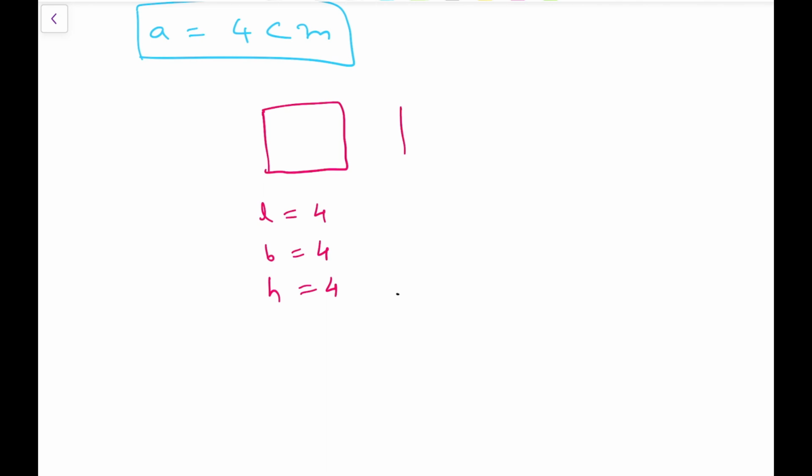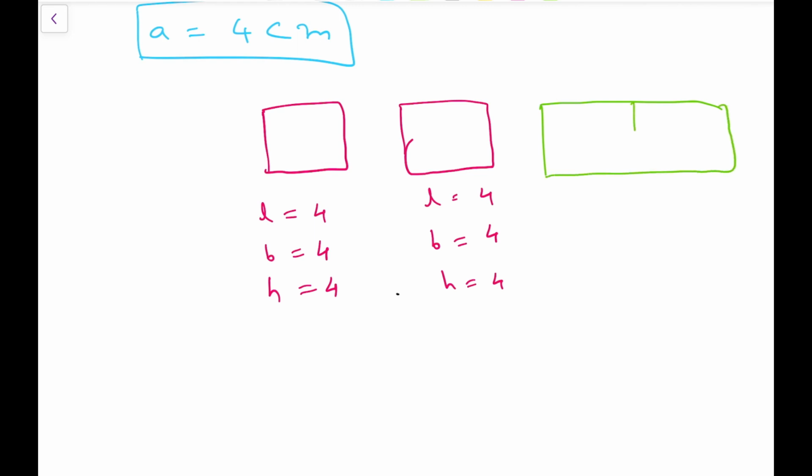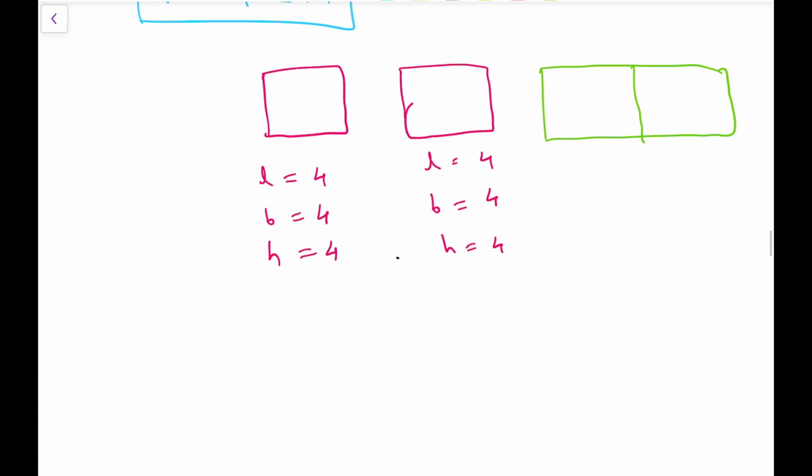Next, second cube also we are joining. For this cube also, length, breadth, height all will be same, right? So this will be 4 centimeter, 4 centimeter, 4 centimeter. Now he is joining these two, right? So then we will get a figure something like this. That's it. Two cubes are joining side by side. Now observe this clearly.